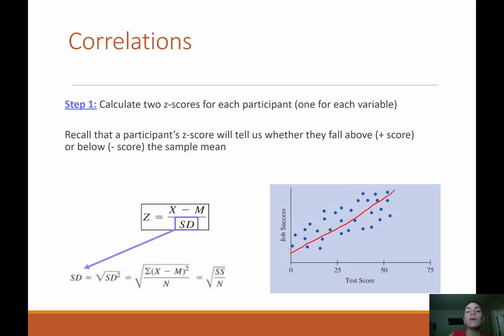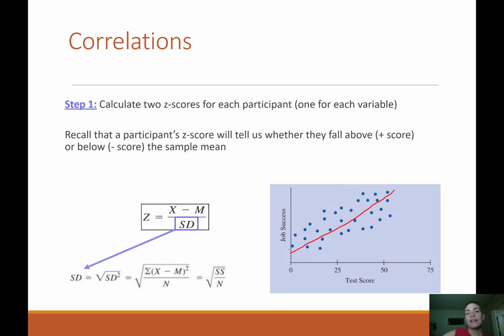And remember, we have to think back to what a z-score is, that a z-score tells us whether a person falls above or below the sample mean. So a positive z-score means that they scored above average for the sample, and a negative z-score would be for someone who scored below average for their sample. And also remember, it's in units of standard deviations.